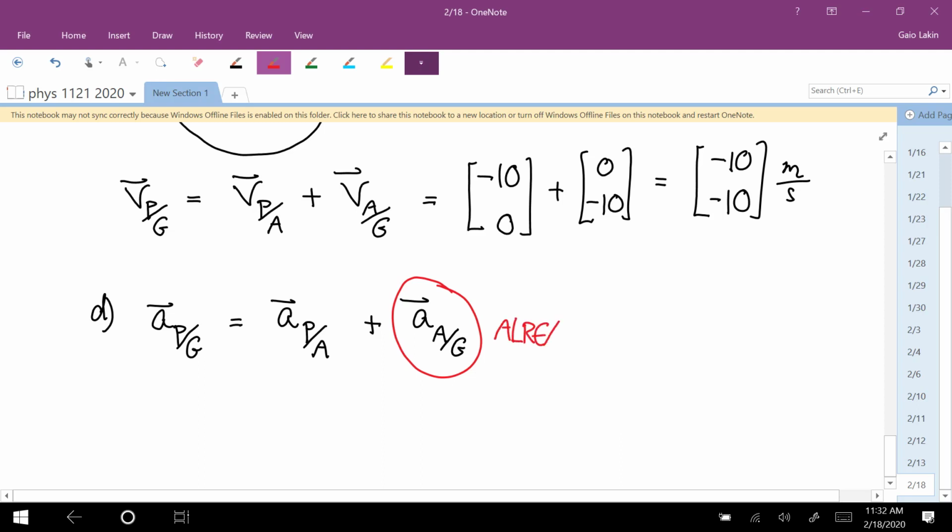We already have this. And this one is circular motion of that point P around A again.